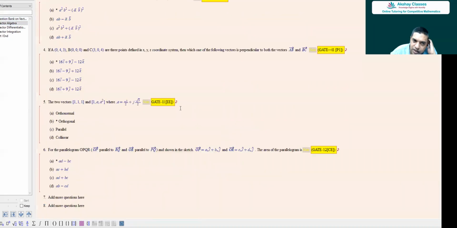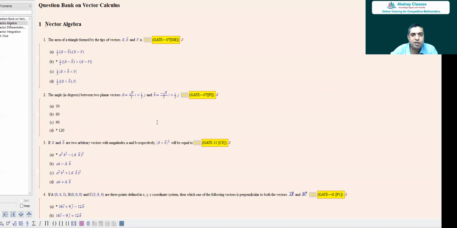Okay, let's do some problems on vector algebra, which come in GATE.